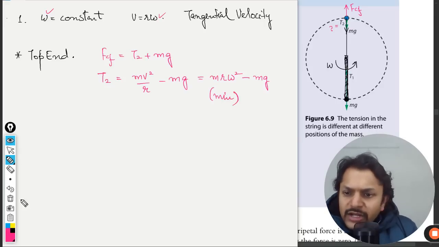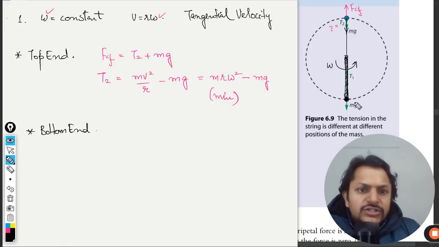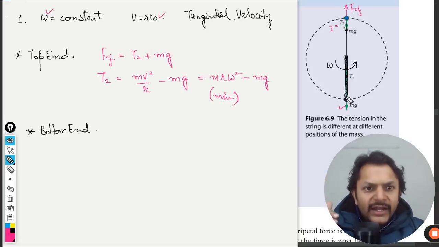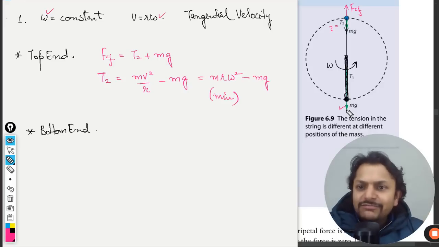Now, let us move to the bottom end. So what is happening at the bottom end now? At the bottom, this is the mg weight, which is downwards, and centrifugal will always be away from the center. That is the fun part, that's why it is so easy.